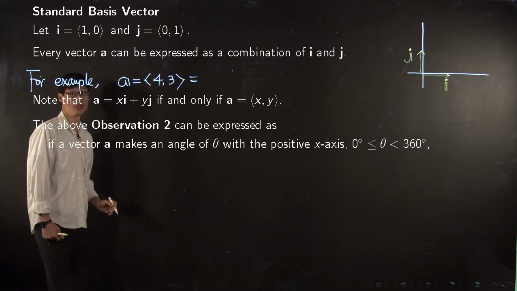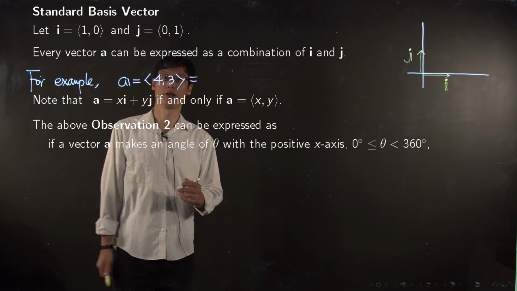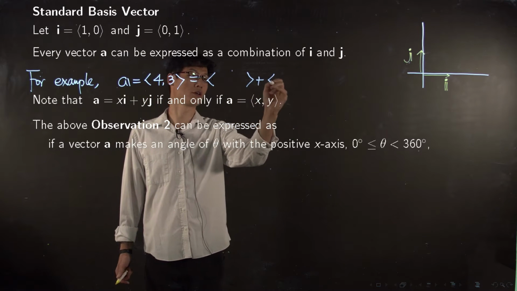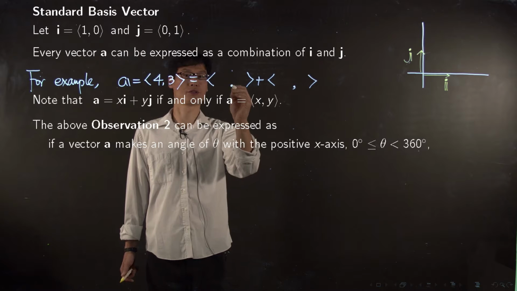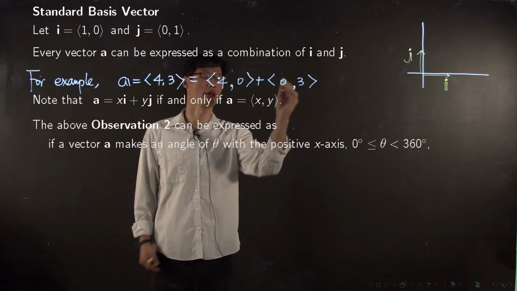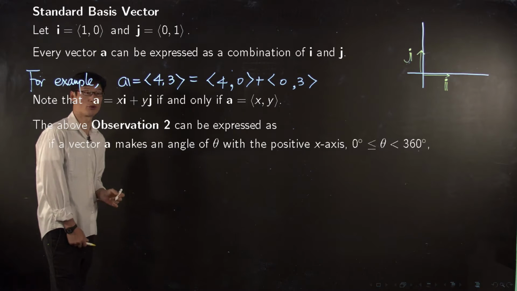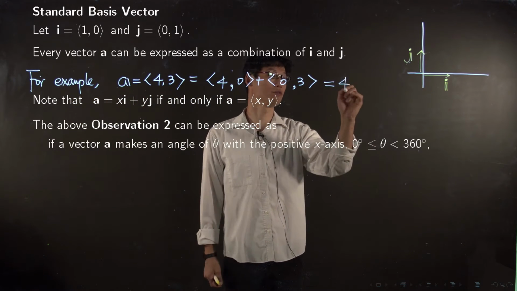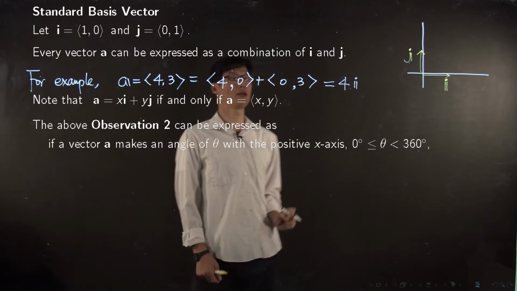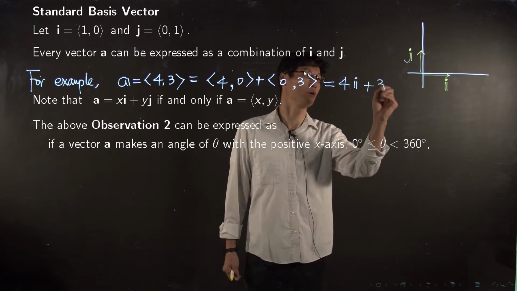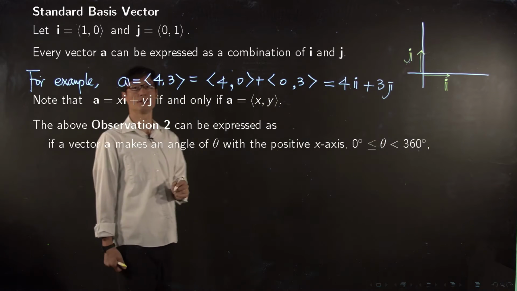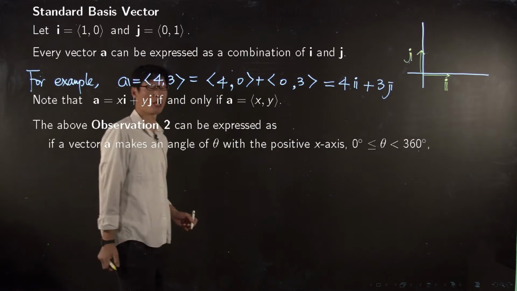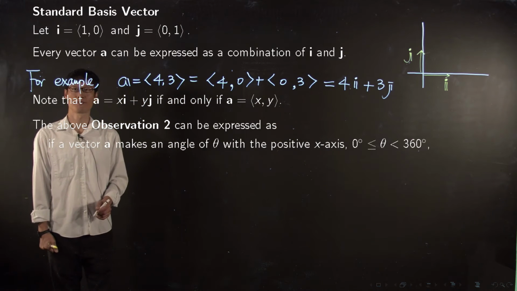You can express this in terms of I and J. You can quickly check that the addition of the two vectors (4, 0) and (0, 3) gives you this vector (4, 3). The first vector is a multiple of the horizontal vector, 4 times I, and the second vector is a multiple of the vertical vector J. So this vector can be written as a combination of I and J.